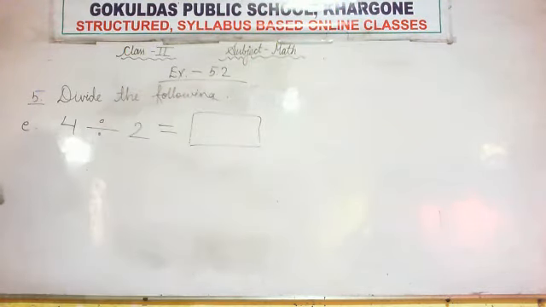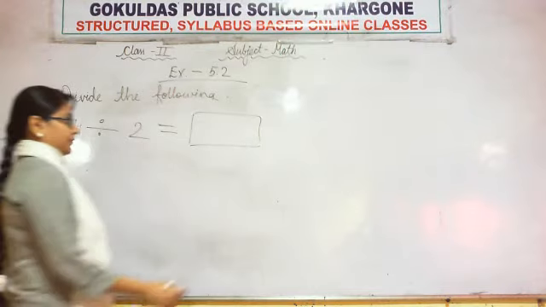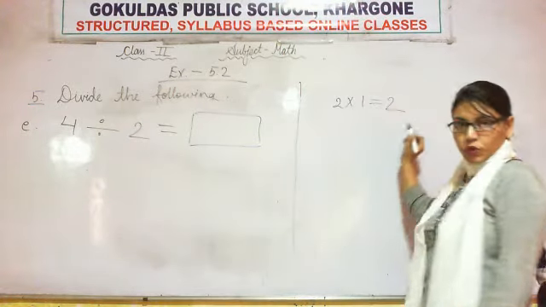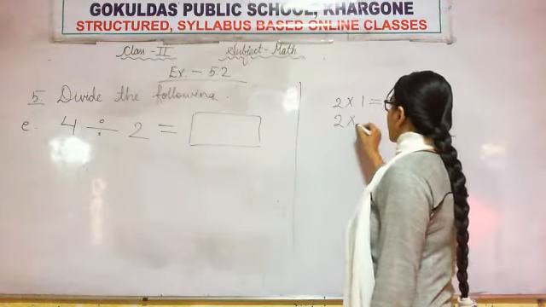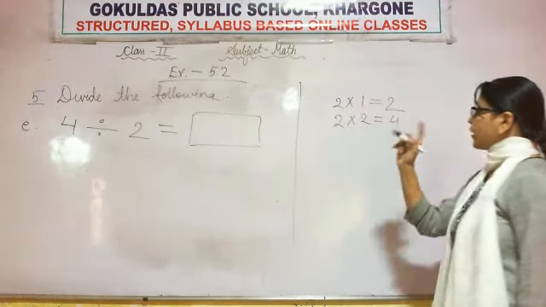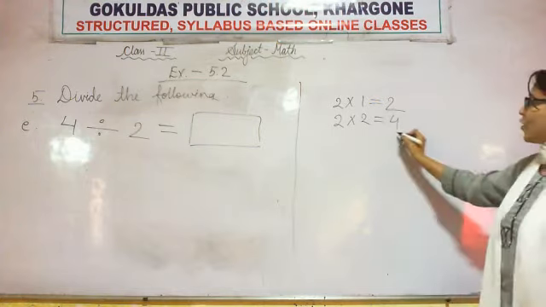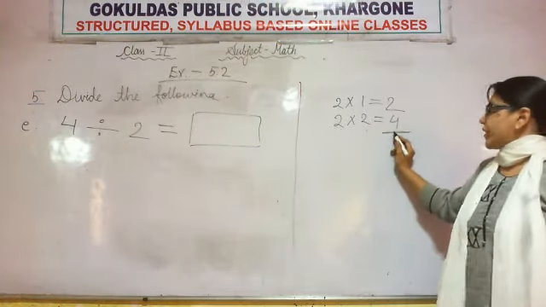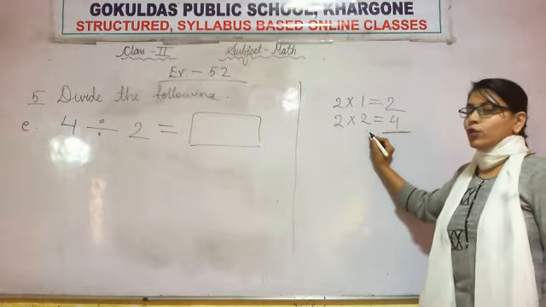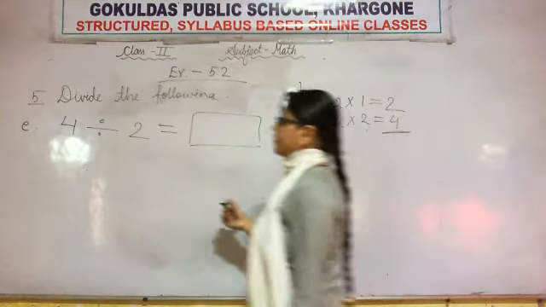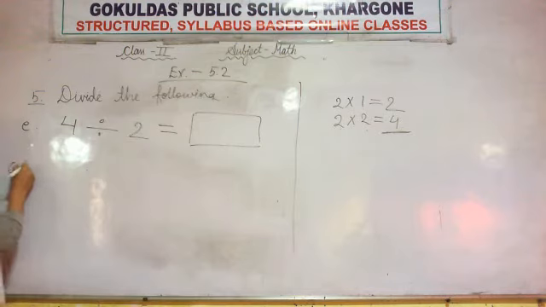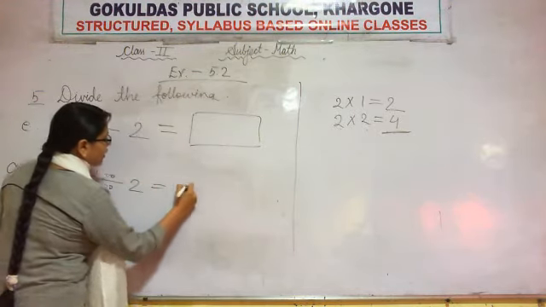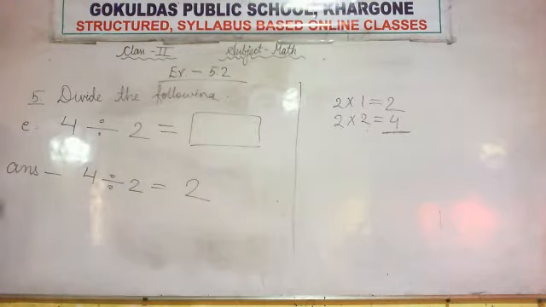For this we need the table of 2. 2 ones are 2, 2 twos are 4. See, the number 4, we got 4. So 2 multiplied by 2 is 4. So if we divide 4 by 2, we will get 2. So our answer is 4 divided by 2 is equal to 2.